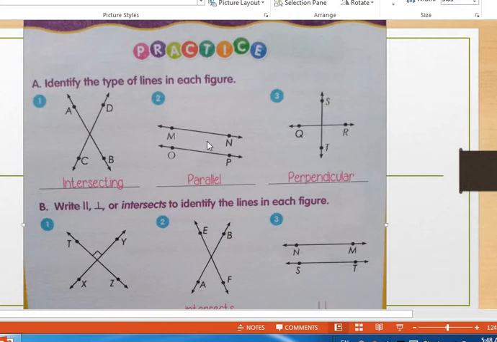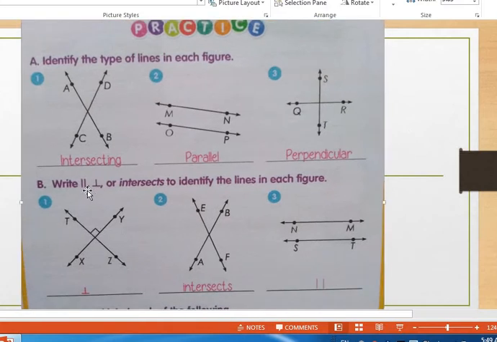Why parallel? They never meet, they have the same distance here. And then here, intersecting and perpendicular, because they form 90 degrees. Bravo. And here, right, parallel. Do you know now the symbol of parallel? This one, it's important, you have to know it very well.